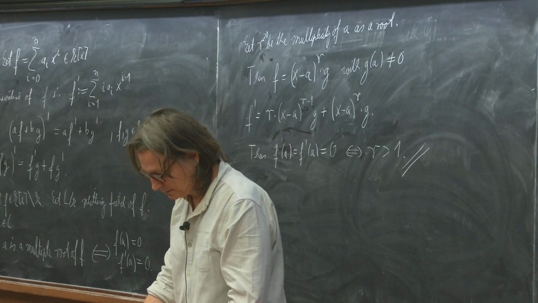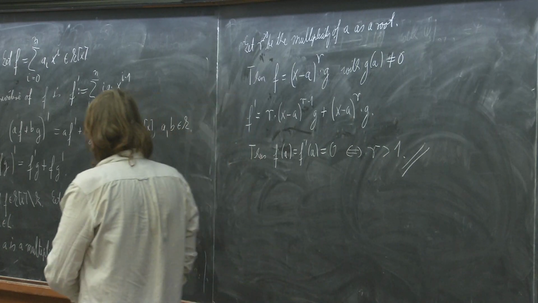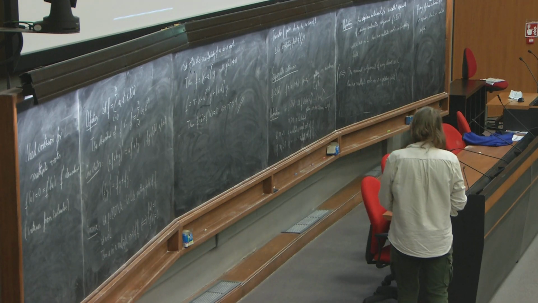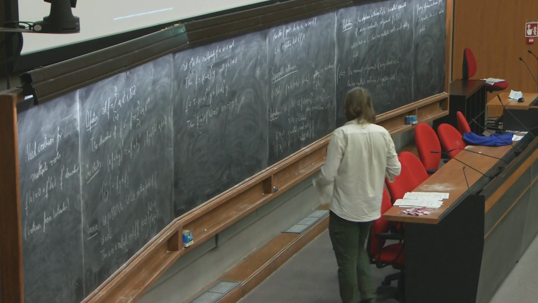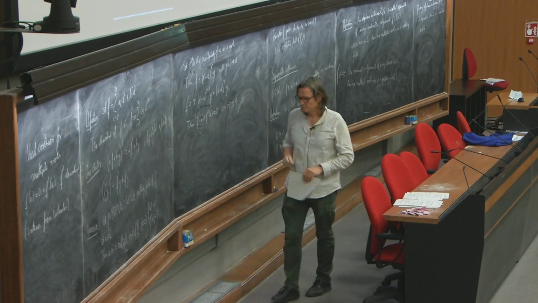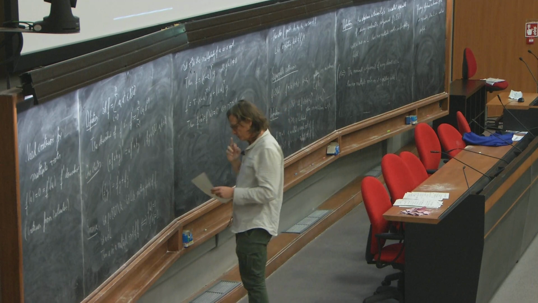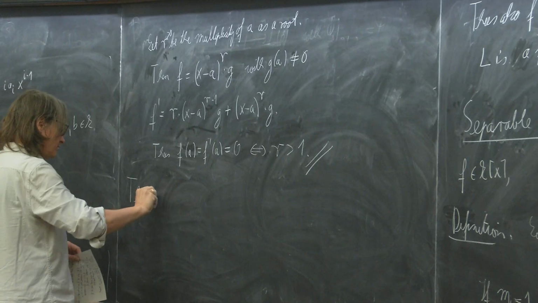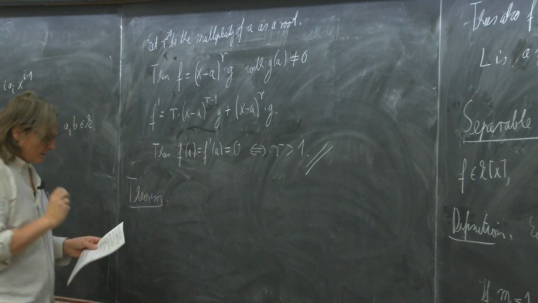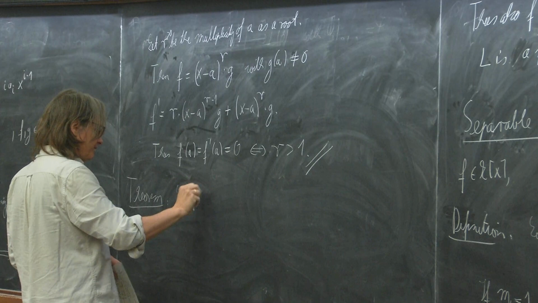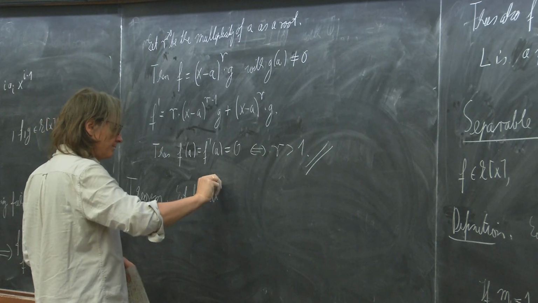So now we want to deduce from that, for instance, that in characteristic 0, being separable is no condition. So we have the following theorem. Let f in K[x] be irreducible.